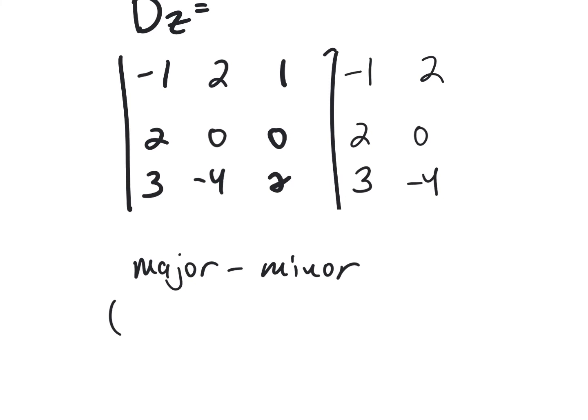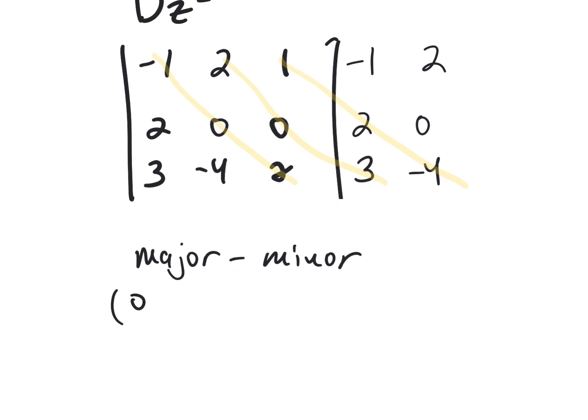So my majors would be, what's negative 1 times 0 times 2? 0. What's 2 times 0 times 3? 0. What's 1 times 2 times negative 4? Negative 8. Now I have my minors.